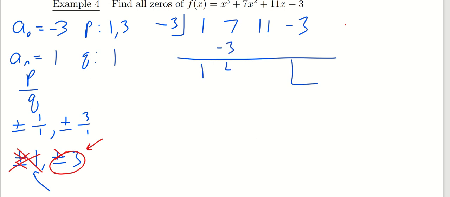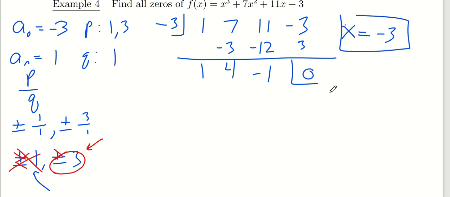Bottom times block, we get negative 3. Add to go down, we get 4. Multiply, get negative 12. Add to go down, negative 1. Multiply, we get positive 3. Add to go down, we get 0. So it does turn out that x equal to negative 3 will be a rational 0.